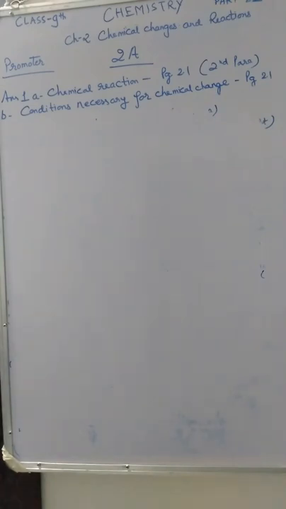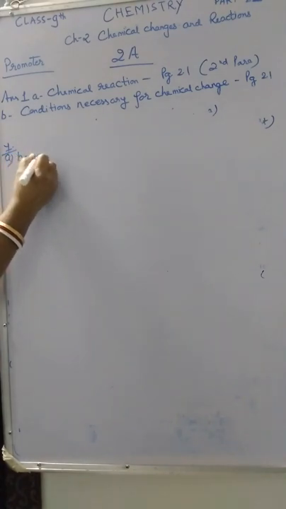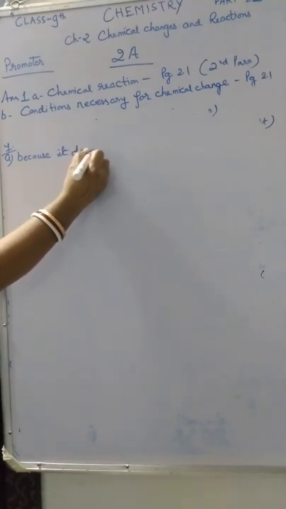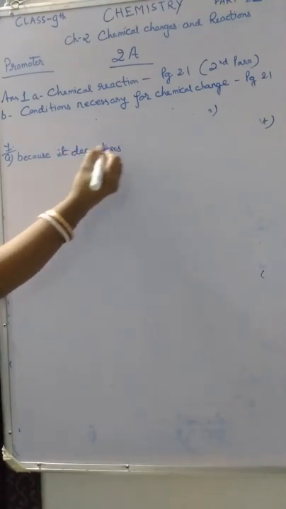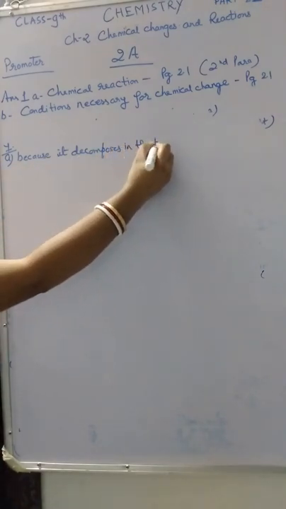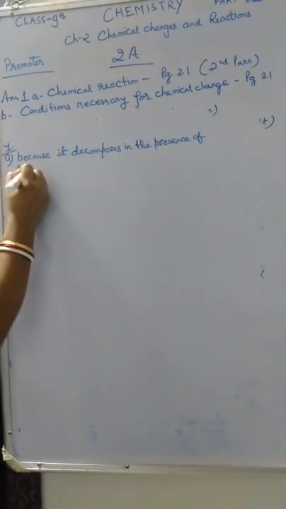Okay, so the first one is: silver nitrate solution is kept in colored bottles. Your answer is: because it decomposes in the presence of light.